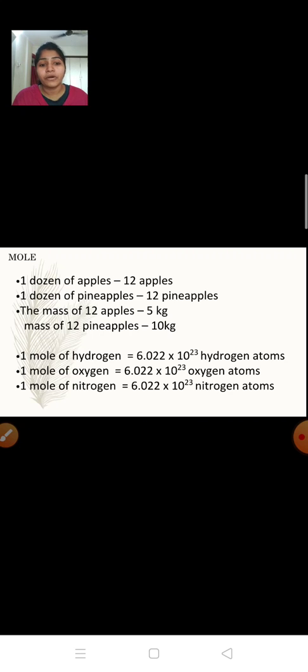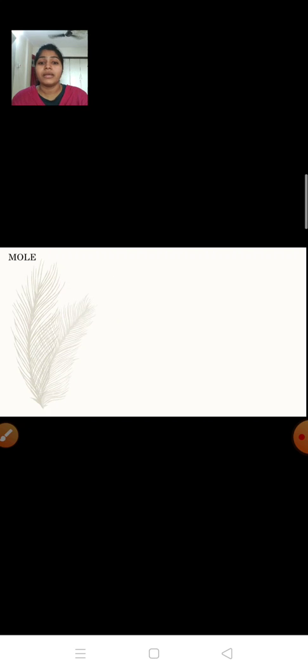But what about their mass? Will the mass of hydrogen, oxygen and nitrogen be equal? No, it will not be equal. So 6.022 into 10 raised to 23 hydrogen atoms will have a mass of 1 gram because the atomic mass of hydrogen is 1.